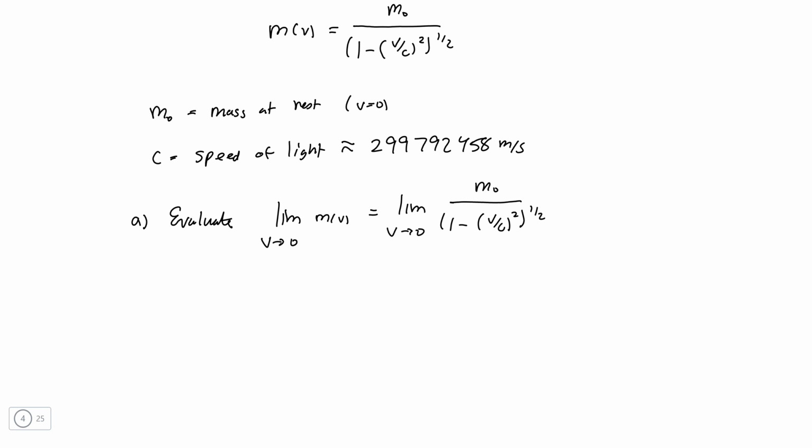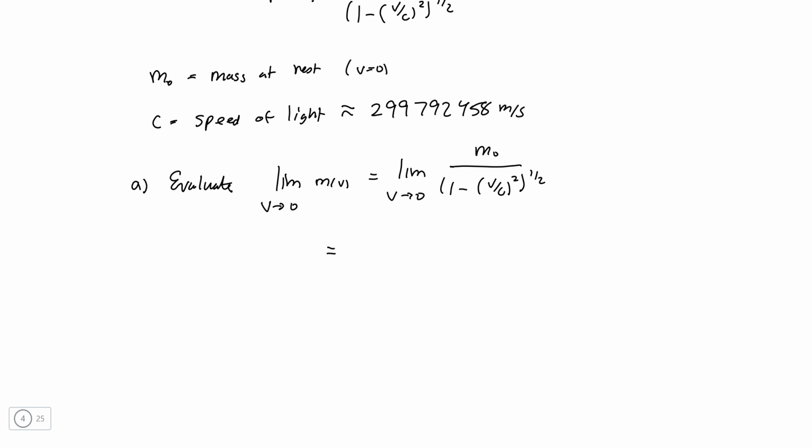And now notice in this case, 0 isn't a problem in this function at all, so we can just actually plug that in. And so I should get m0 over (1 minus 0 over c squared) to the 1/2. Well, 0 divided by c is 0, so this is just m0, which is exactly what we expected that it should be.